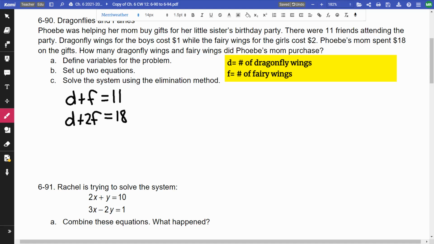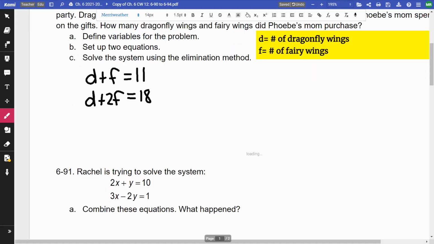Now, I am going to try to solve this using elimination. I am going to try to eliminate my D's. I can eliminate my F's and multiply the top one by a -2. I could do that and get a -2F and add them. But my D's, all I need is a different sign. So I'm going to multiply the top one by a -1.